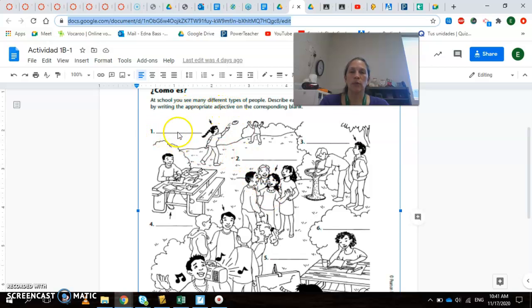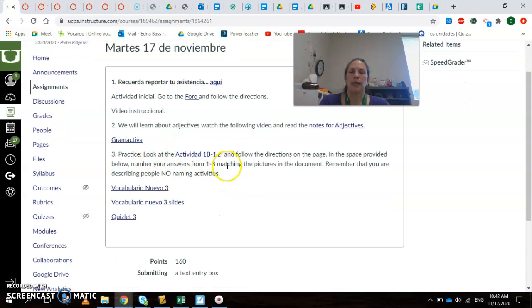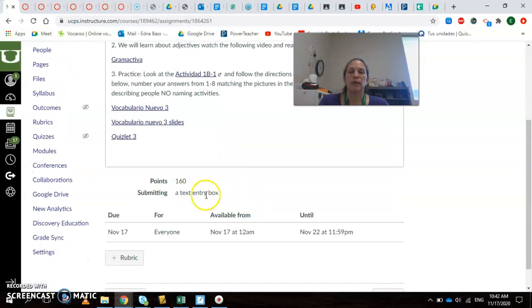You're going to write number 1, and you're going to look at what this person, that the arrow is pointing at, is doing, and according to what this person is doing, you're going to say this person is this or is that, what they are like. You are not going to type any activities. You're just going to say what they are like. You use adjectives, and you're going to do it in the space provided, the entry box.